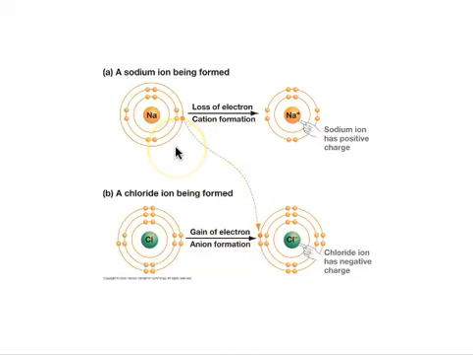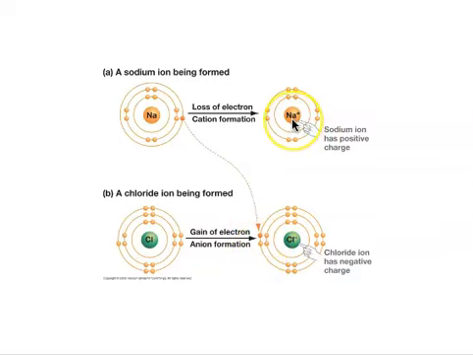The sodium atom is going to actually transfer or donate its unpaired electron. It's going to let it go. The chloride atom is going to receive or accept that donated electron, and now it has a pair. The chloride ion has gained an electron to create a pair.